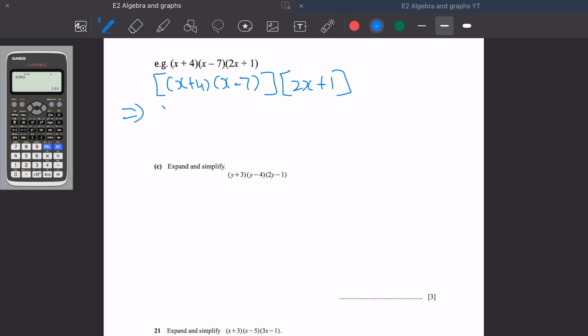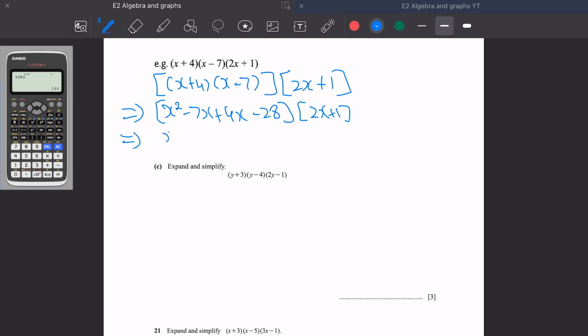So this becomes x squared minus 7x plus 4x minus 28 into 2x plus 1.